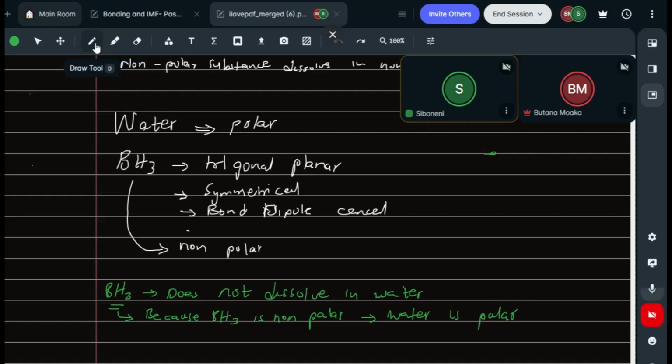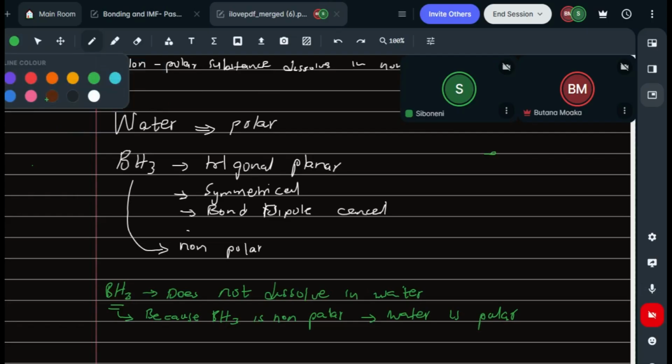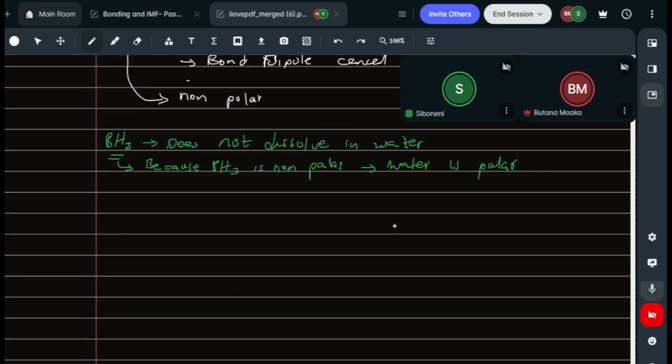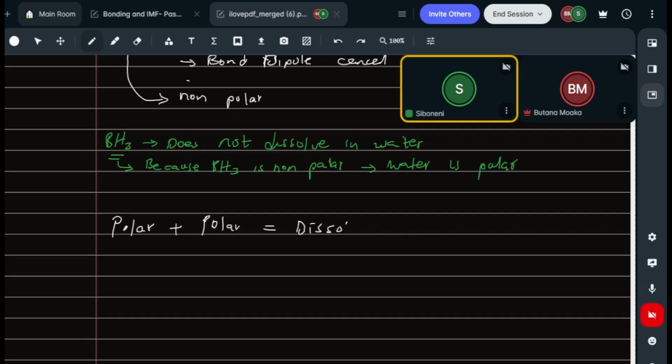Yes. But before we move to the next question, I still feel like I need to make sure that this sticks. Remember, polar plus polar equals dissolves, right? Yes. And then non-polar plus non-polar equals what?